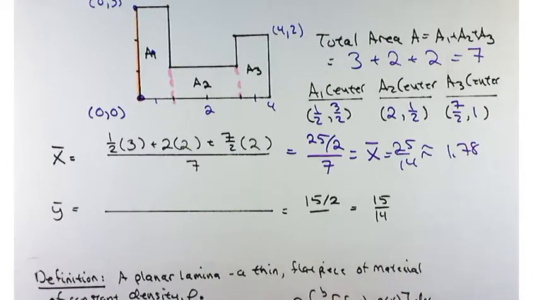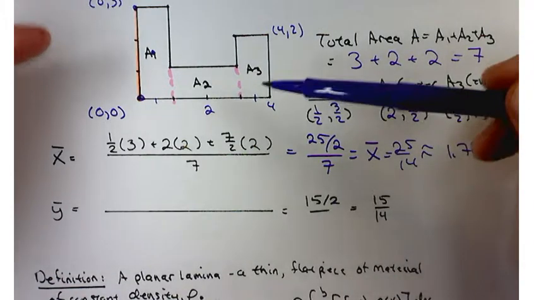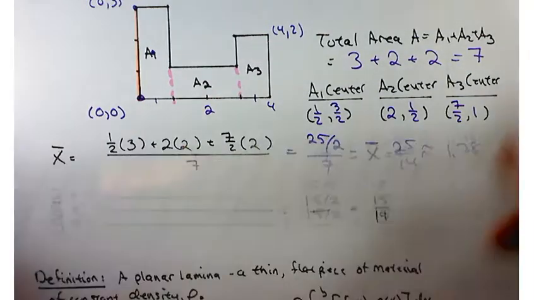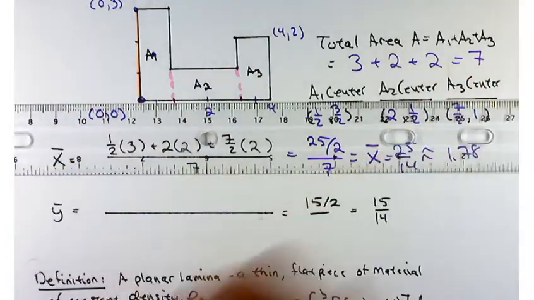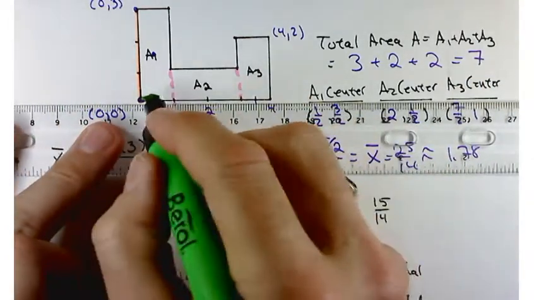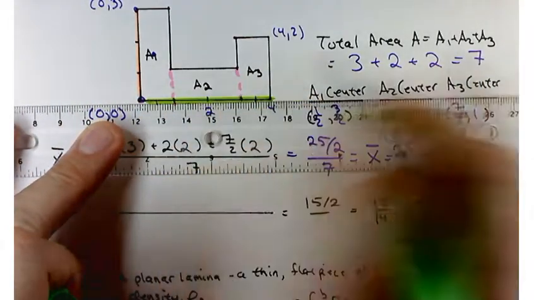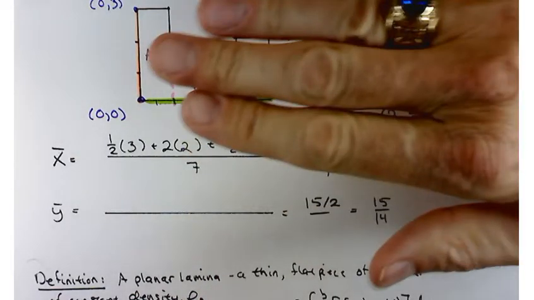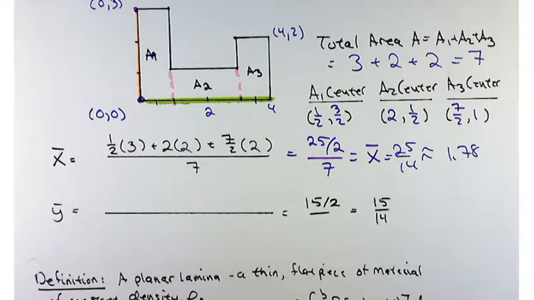Let's see if we can do that same thing for rotating around the x-axis. What we want to figure out is the tendency of this to rotate around the x-axis.